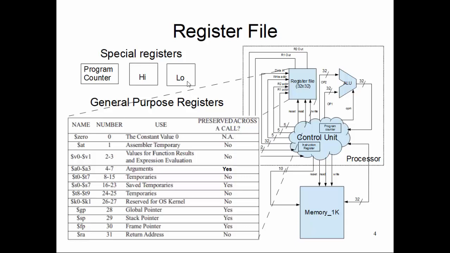So these two special registers are there to hold the result of multiplication, number one.